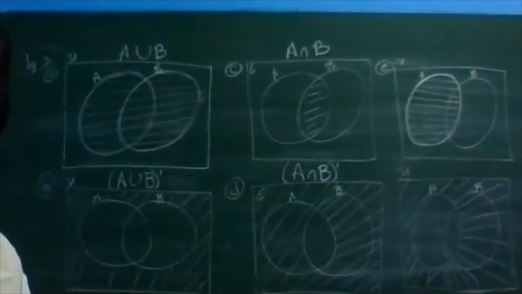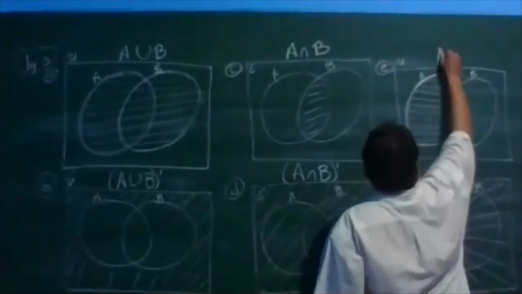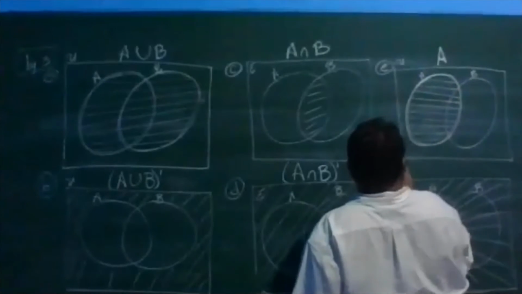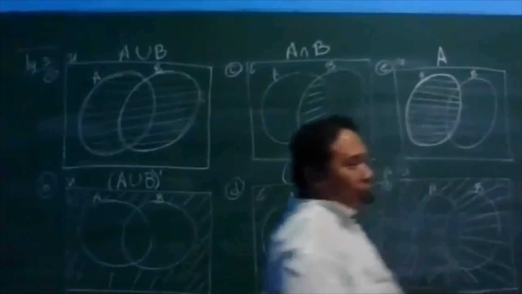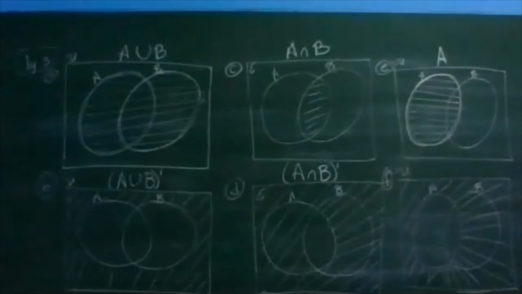So we call that A. Only A. So when only one circle is shaded, then you just take the name of that circle that is shaded. Okay?